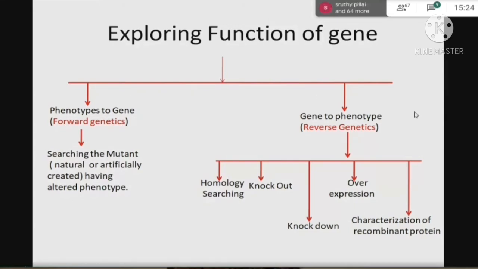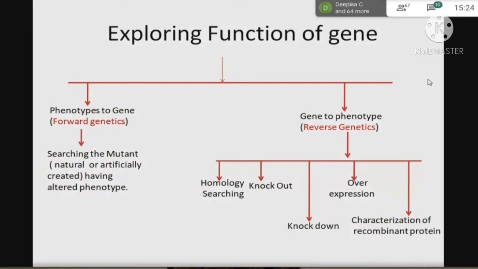But sometimes we know the gene. We know the gene sequence because our human genome sequence is known, so we know how many genes we have. How many genes are there in the human genome, as per recent figures? She is almost right.